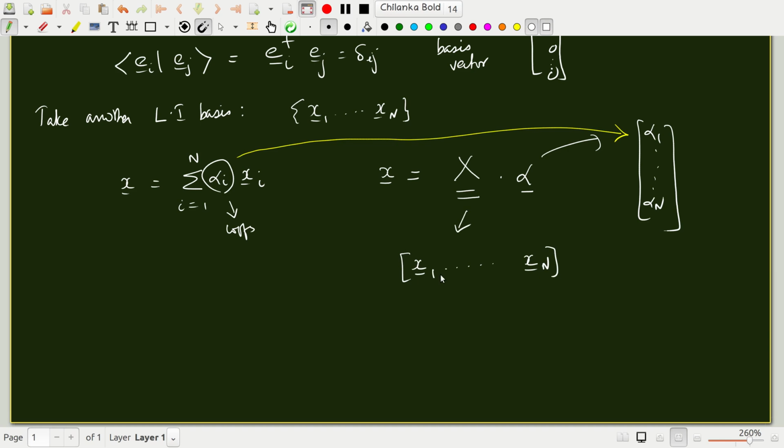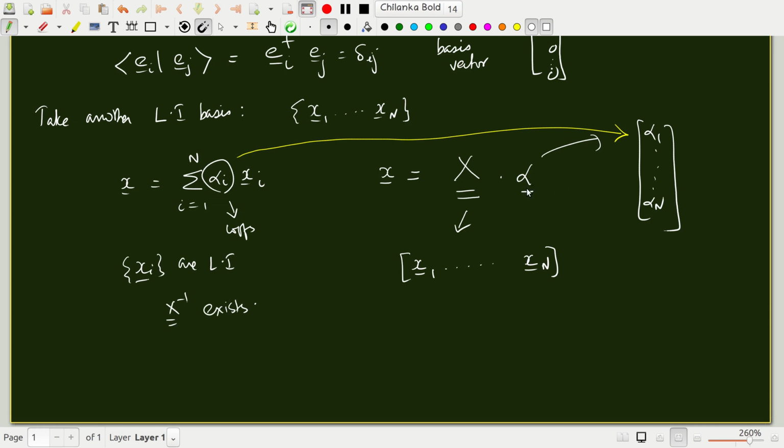The first column is the first basis vector, and the nth column is the nth basis vector. Because the x_i's are linearly independent, X inverse exists. You can invert this matrix capital X.